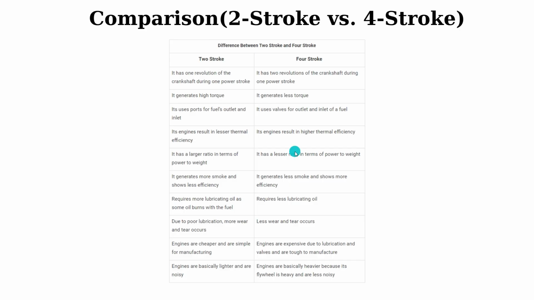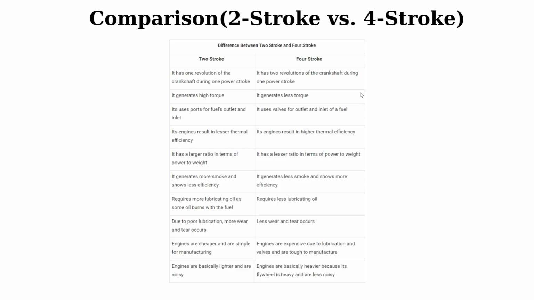A two-stroke engine completes a full cycle in only two piston movements. This means that intake, compression, power and exhaust processes happen in a combined way. On the other hand, a four-stroke engine completes the same cycle in four separate strokes.